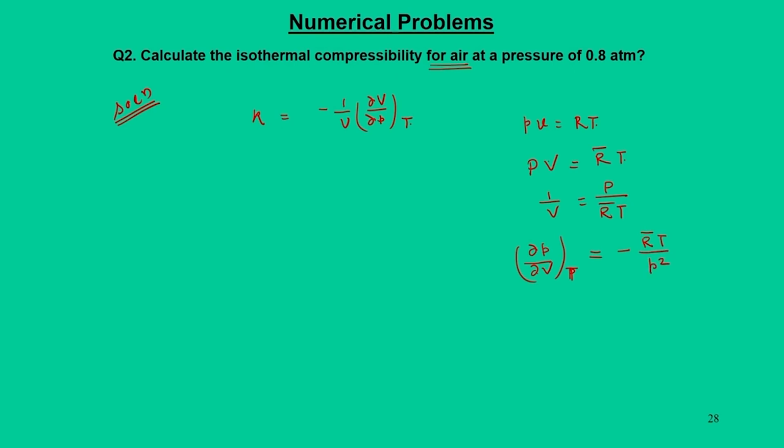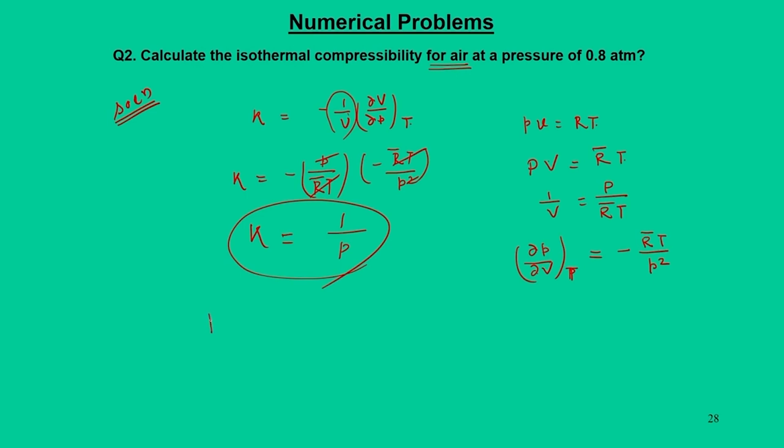When you put this into the equation, κ is equal to minus, and 1/V we can write as P/R̄T, times dV/dP, which is −R̄T/P². The R̄T gets cancelled, P also gets cancelled. So κ, which is the isothermal compressibility, is equal to 1/P, that is the reciprocal of pressure.